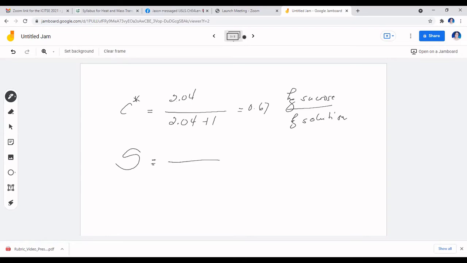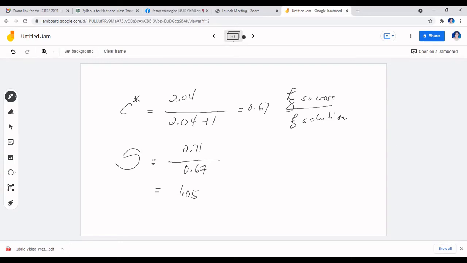So in this case, I will have now 0.71 over 0.67. So this gives you 1.05. Okay? The supersaturation ratio of 1.05.